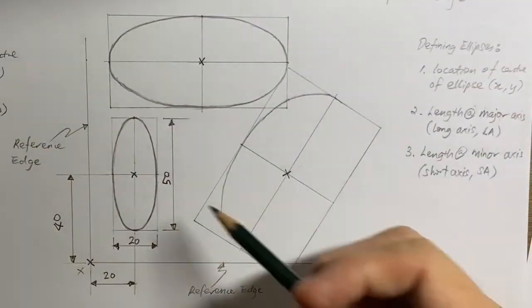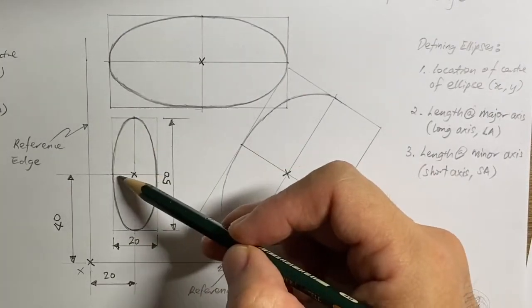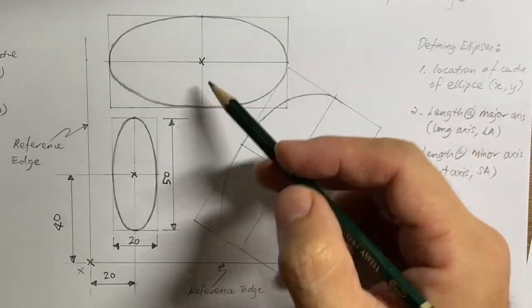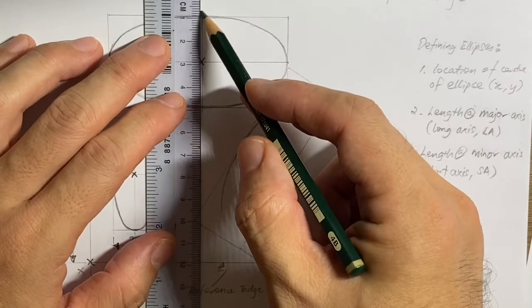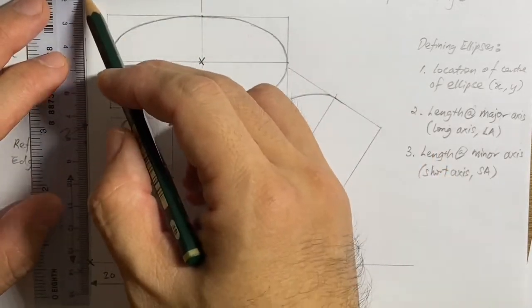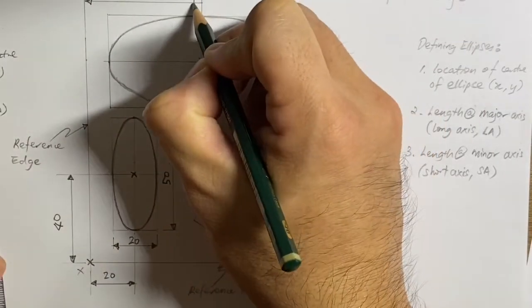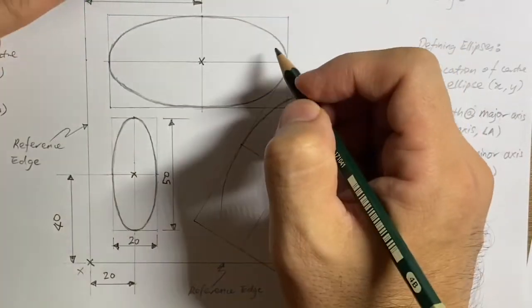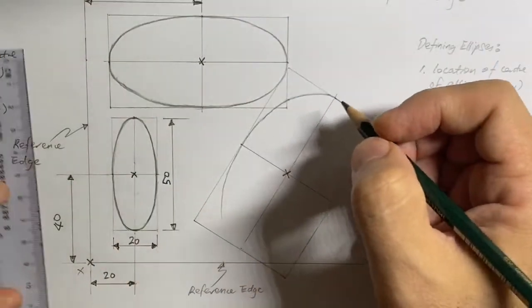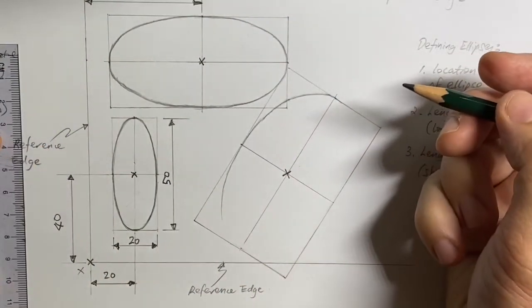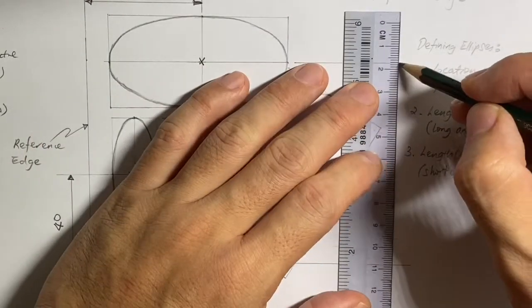So an ellipse is defined by the center, the length along the long axis, and the length along the short axis. Let me show this. Now this ellipse is approximately, project that out. To locate the center, this is about 50, and this, I'm kind of short of space, so let's do it across the other side.